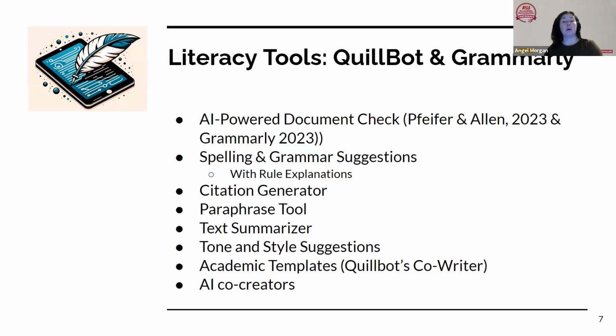Lastly, AI co-creators are embedded generative AI tools that support students to compose or to rewrite text in their own style. So you can actually ask them to help you with the tone of what you're writing, and you can start writing, and then it can make sure that you're continually writing in a consistent tone along the way. And it also helps you level formality.